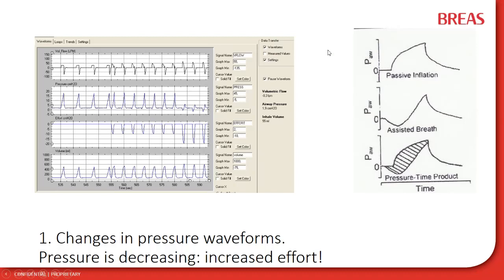Applying this rule to our tracing, you can see that the work of breathing in the last three breaths of the sequence is much higher than in the previous ones. So when pressure is decreasing, you have to rule out the increased effort.